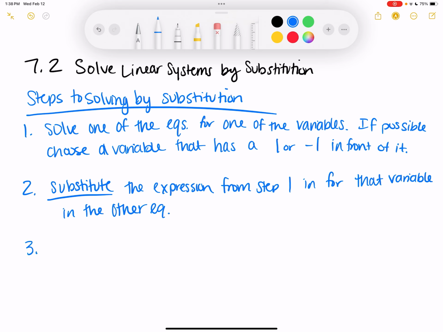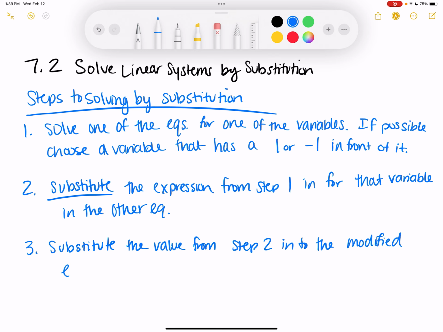And step 3, substitute the value from step 2 into the modified equation from step 1 and solve. And then step 4, write your answer as an ordered pair.